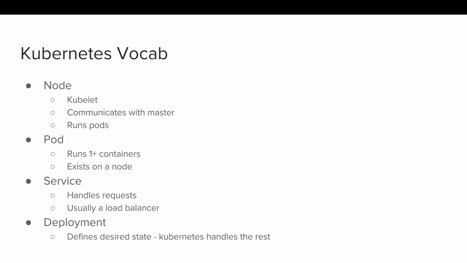There are a couple of different types that you can declare, but the service is essentially a definition of how requests should be routed and handled within the cluster. A deployment, as I said, defines desired state. Kubernetes does the rest for you. So I say, I want 3 copies of this specific container. I want them configured a certain way, and Kubernetes just does it.